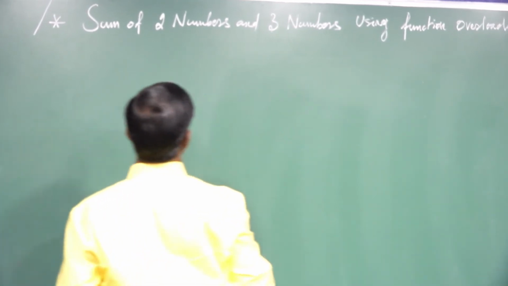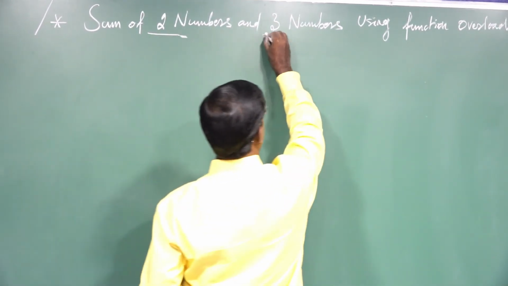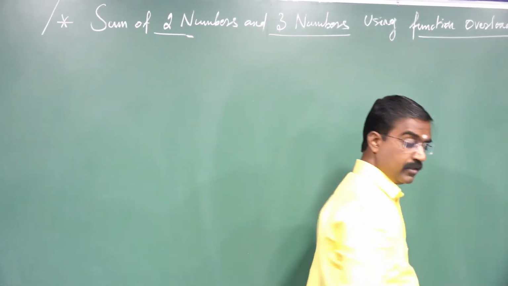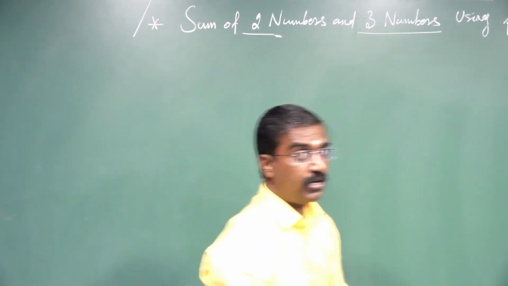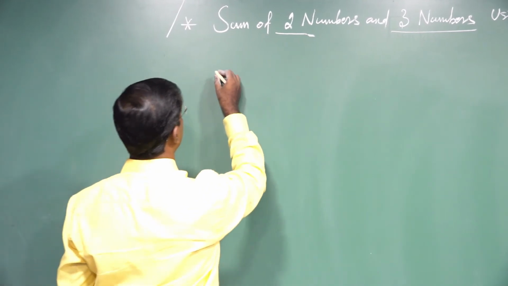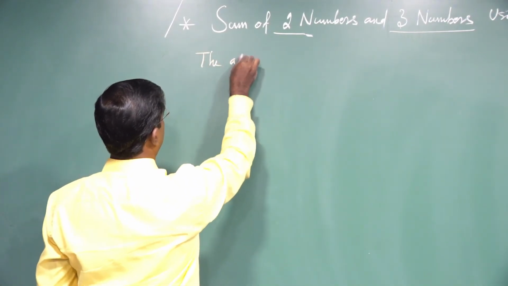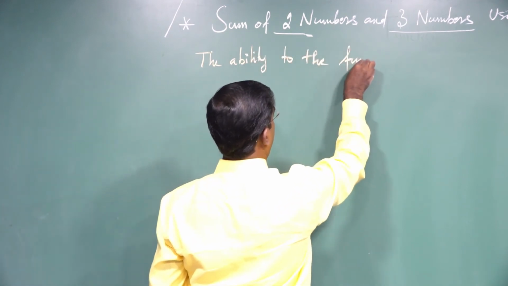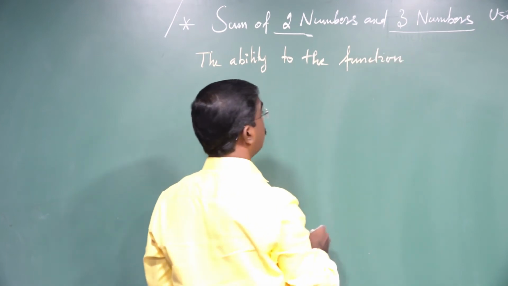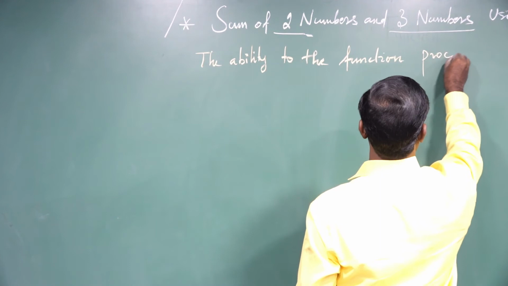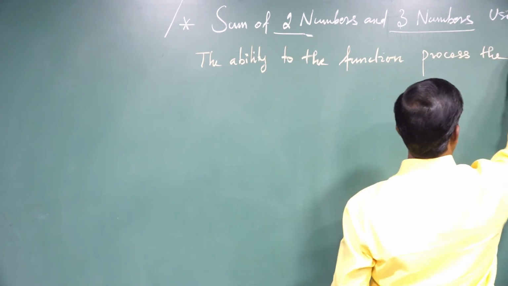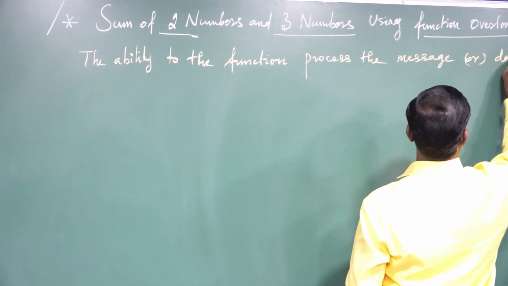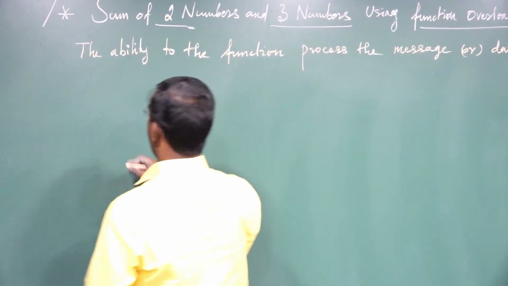Okay, yes. So, sum of 2 numbers and 3 numbers. The concept, the method, is function overloading. In the function overloading definition, we already know: the ability of the function to process the message or data in more than one form.